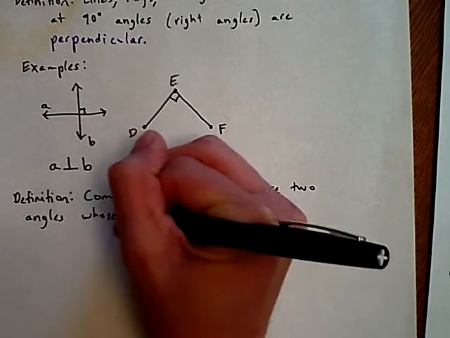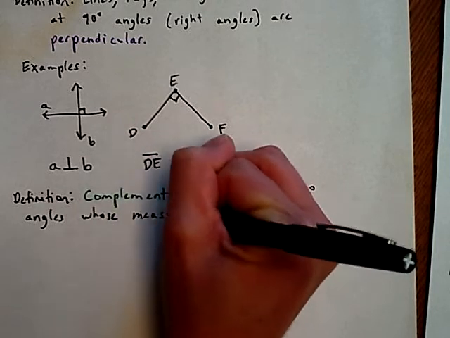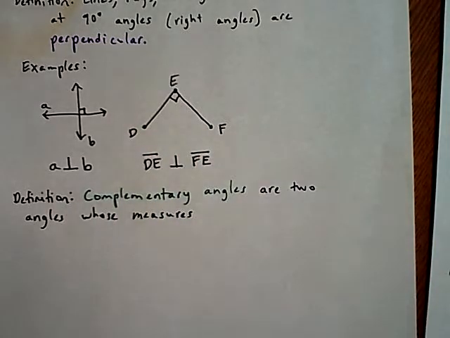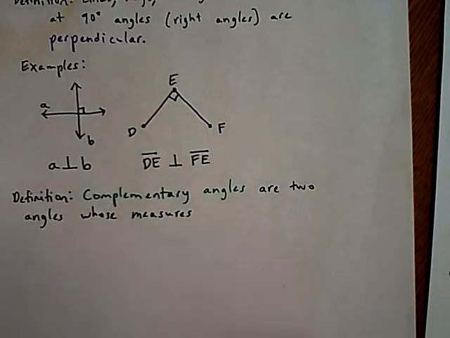It is important that it's just two angles. So if I have a 10-degree angle and an 80-degree angle, they're complementary because together they add up to 90. But I wouldn't say that about a group of three angles that add up to 90 degrees.